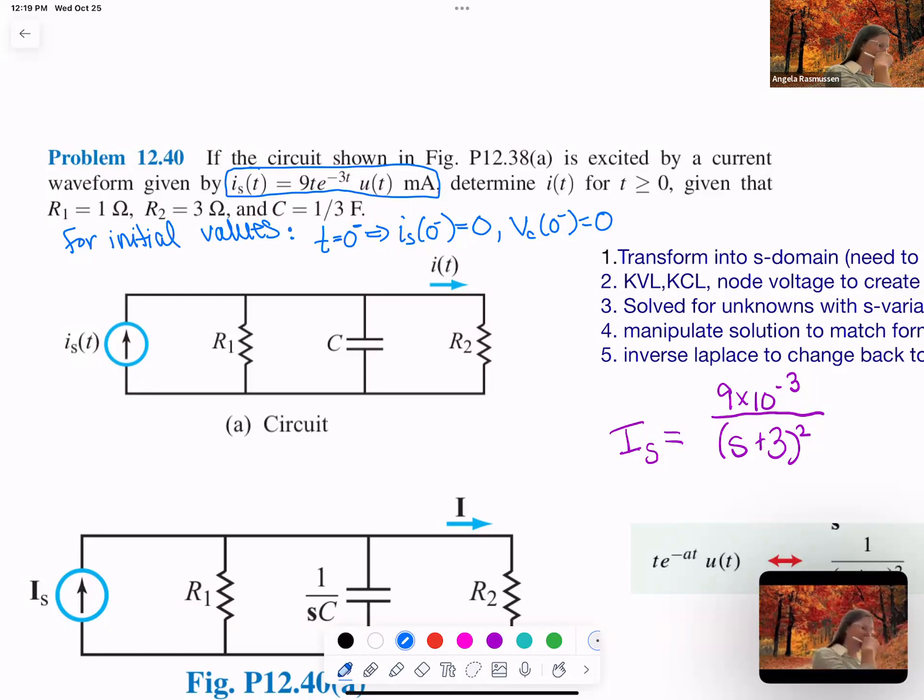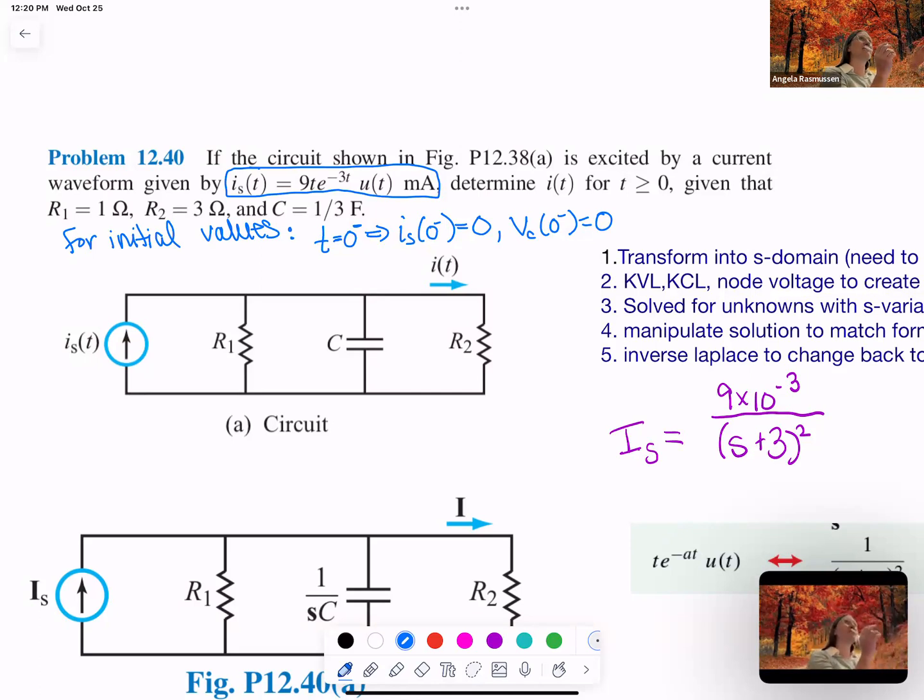If it was shifted by T minus 3, so if it was U of T minus 3, and you're still looking at I of T for T greater than or equal to 0, you're still going to look at it at T equals 0 minus. That would still be 0, because it would be, or wait, is it shifted right or left?